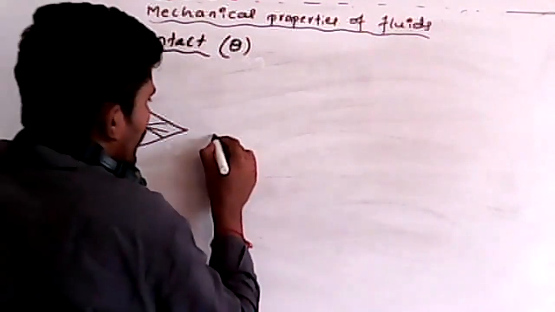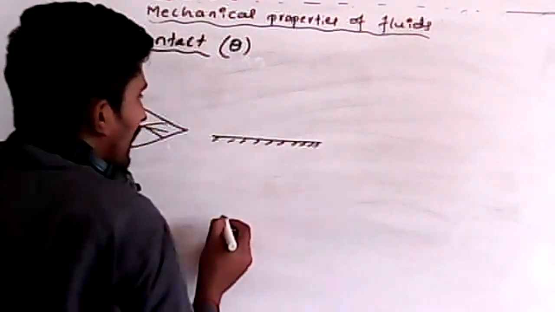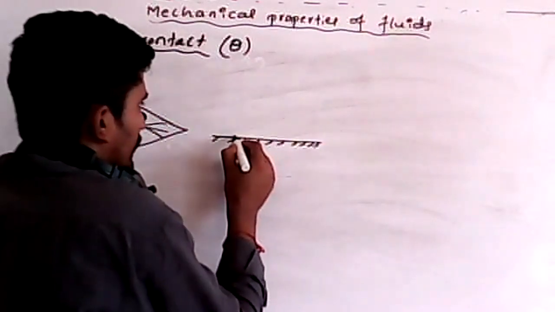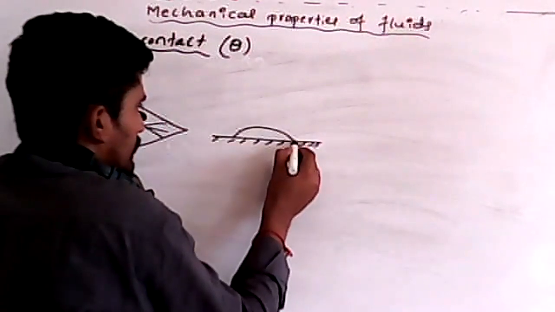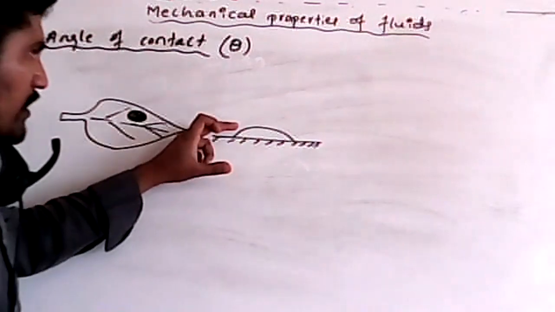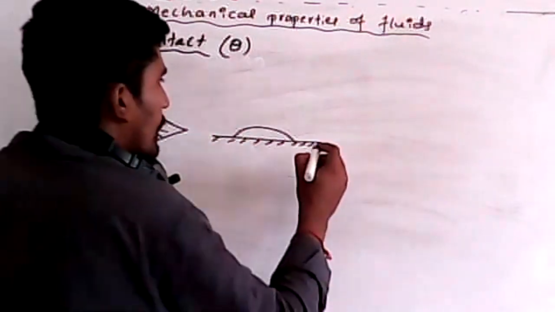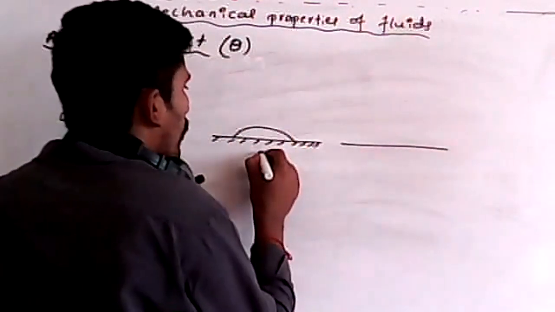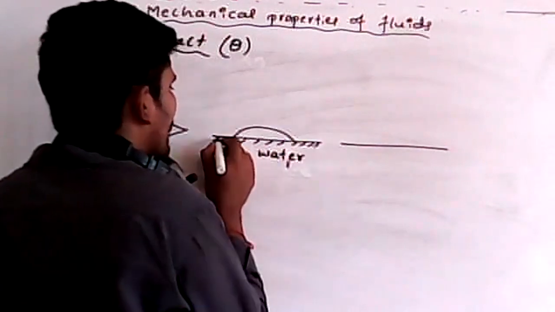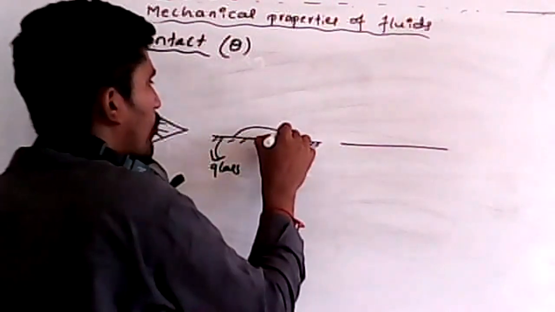But sometimes on a solid surface, let us consider a glass plate, water will wet the solid surface like this. This is the water, and this is the glass. The solid surface is glass, and this is the water drop.